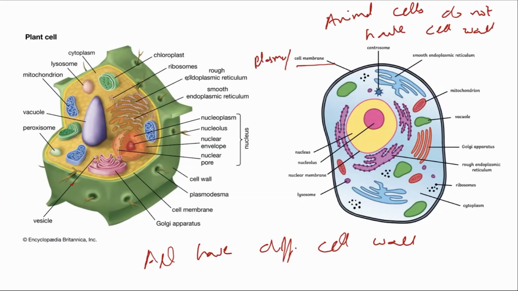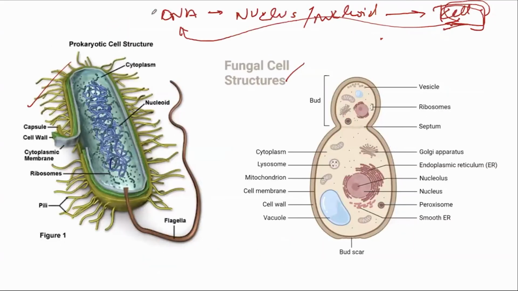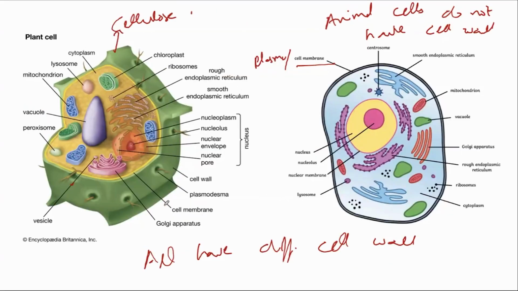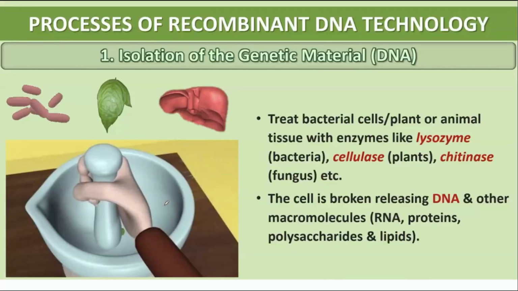But plant cells have a cell wall made up of cellulose, and fungal cells have a cell wall made up of chitin, and similarly the bacterial cells also have a hard, prokaryotic cell wall. So in order to break these cells, we need special enzymes to digest them.